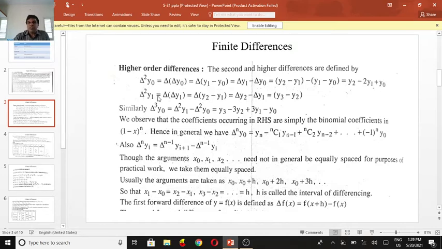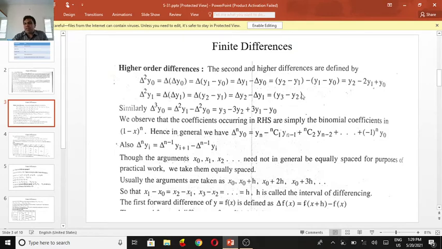Now take delta square y1, which is delta of delta y1. Delta y1 is y2 minus y1, so this is delta y2 minus delta y1. Delta y2 is y3 minus y2 and delta y1 is y2 minus y1.